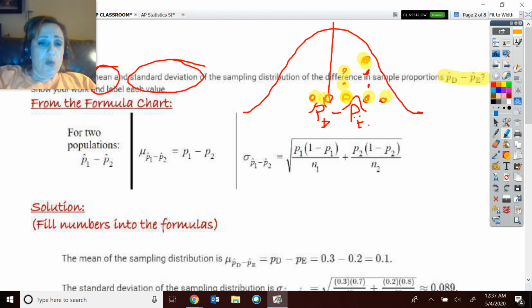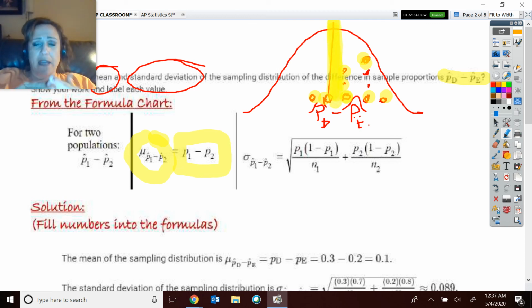So I want to say where all of those sample differences are centered is going to be where the population differences should be centered. So most of our differences should be that population proportion for D minus that population proportion for E. And that's what I have down here.